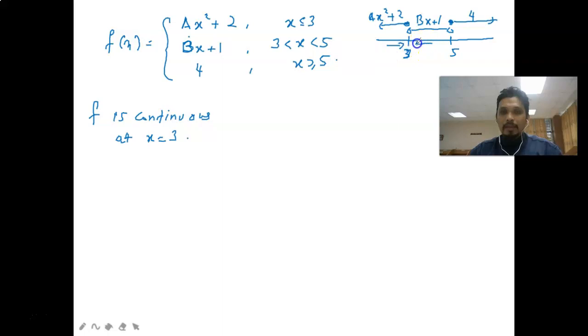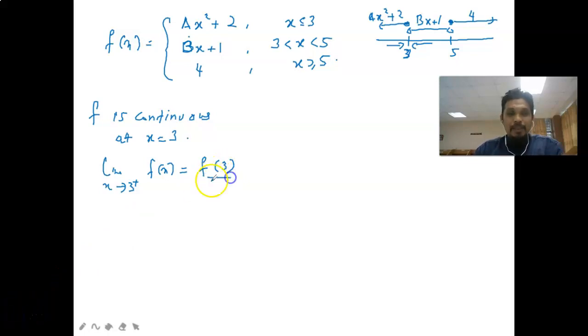So we look at this one when x is approaching 3 from left and right. For the limit as x approaches 3 from the right of the function f(x) equal to f(3).